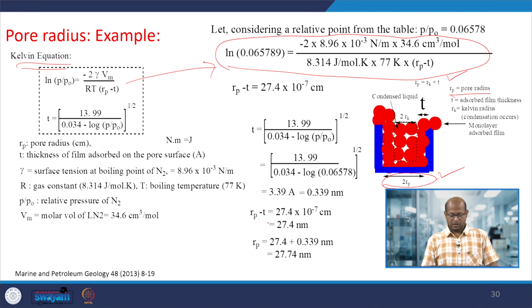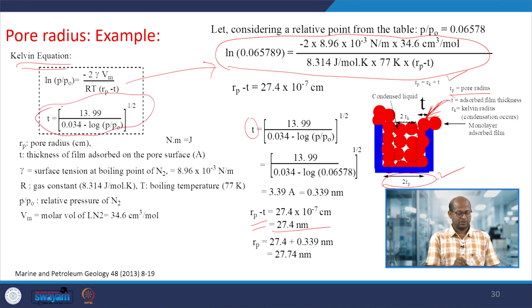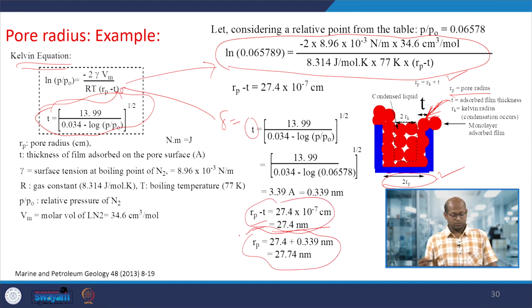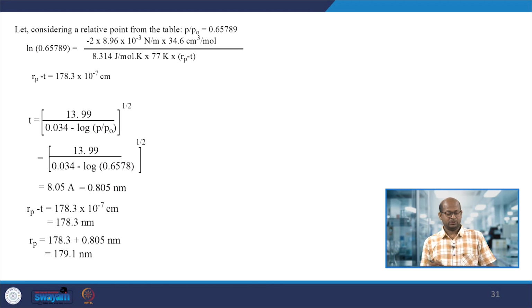So Rp minus t equals this, expressed in terms of t, meaning the adsorbed film thickness or monolayer thickness. That can be calculated using these expressions. Once we know that t value, or delta, both are the same, we can put it in and then measure Rp, the pore radius, using these equations.